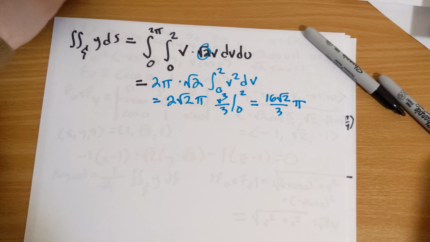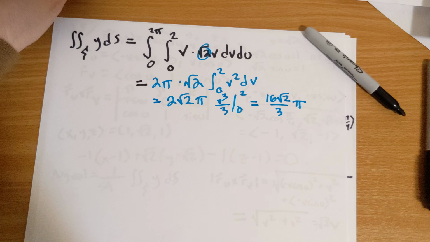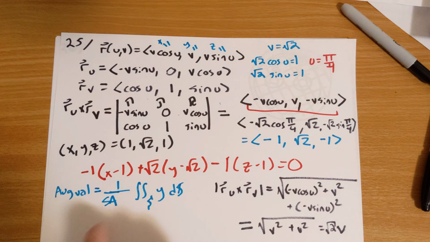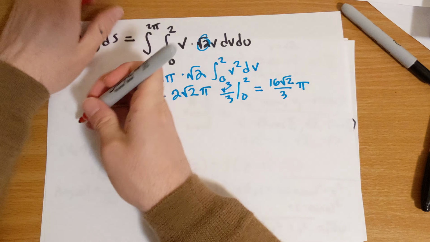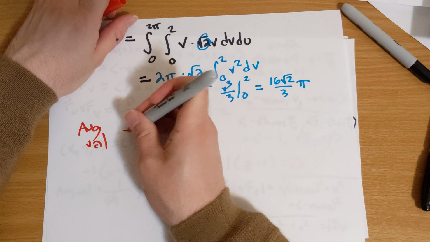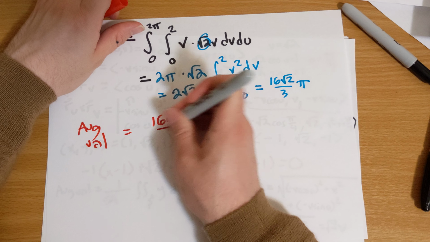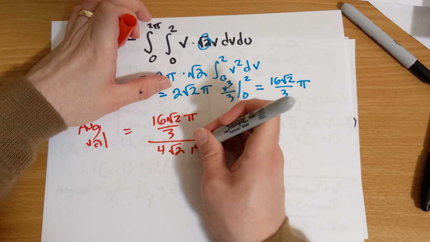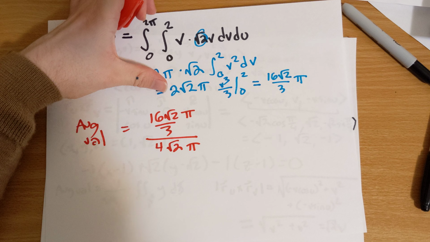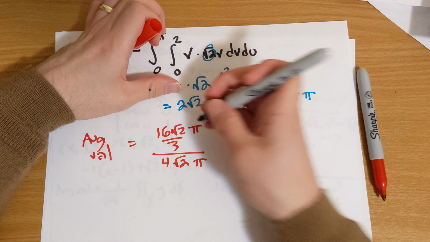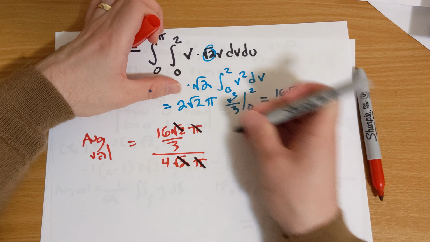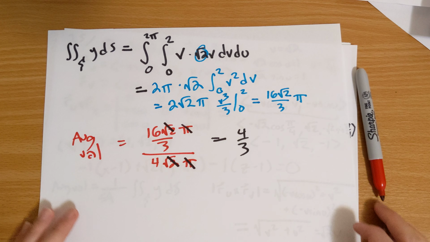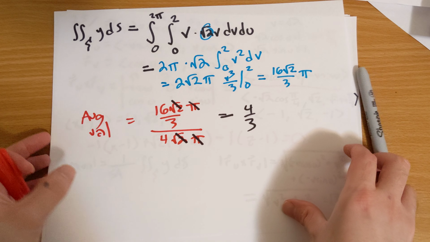So our final answer for the average value is the value of the integral divided by the surface area. So average value is 16 square root 2 pi over 3 divided by the surface area. We read it off of our worksheet, 4 square root 2 pi. And if we want to simplify, a bunch of stuff will cancel, and it looks like 16 over 12 is 4/3. Okay, that is problem number 25.